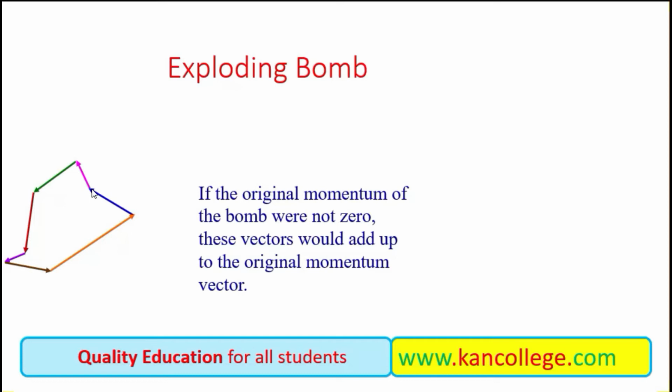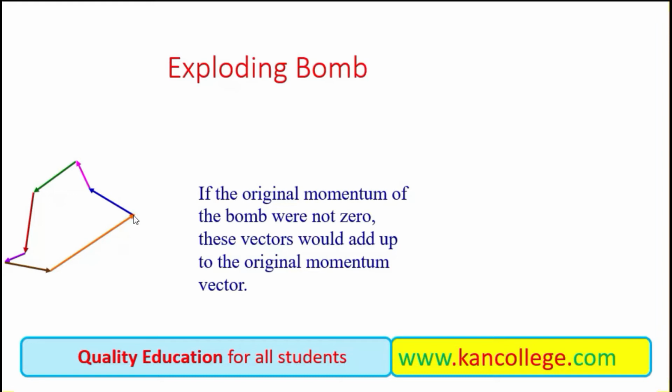If we take the blue vector as the first vector, or the first piece of the bomb, and the second piece is shown by the pink vector, and so on, ultimately the final momentum of the last piece will be the orange, and its head will meet the tail of the first vector.